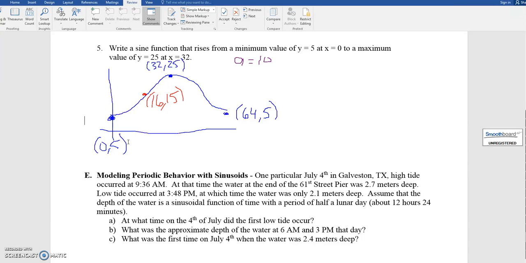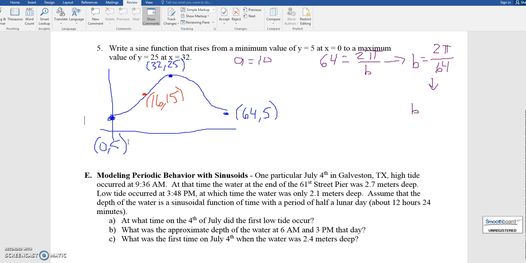Okay, so we have 64 for the period has to equal 2 pi over B. Now, I can go through and show you this in class, but whenever you have this sort of equation, where the unknown is in the denominator, all you have to do is flip the 64 into the B position. So B has to equal 2 pi over 64.